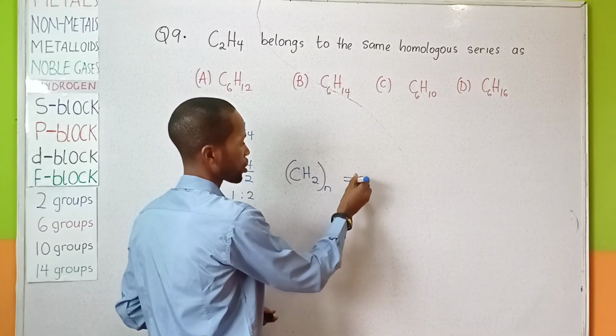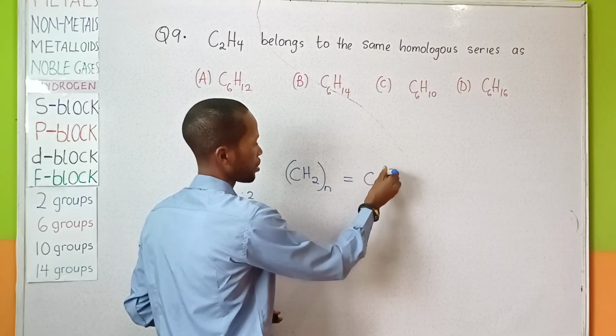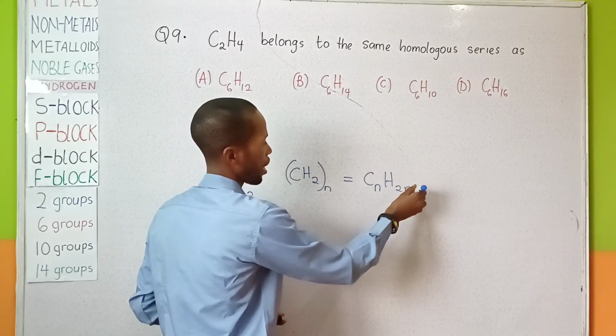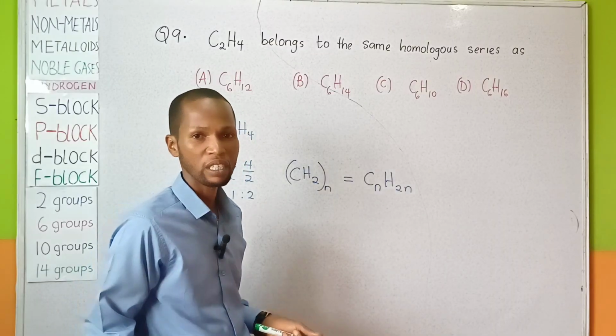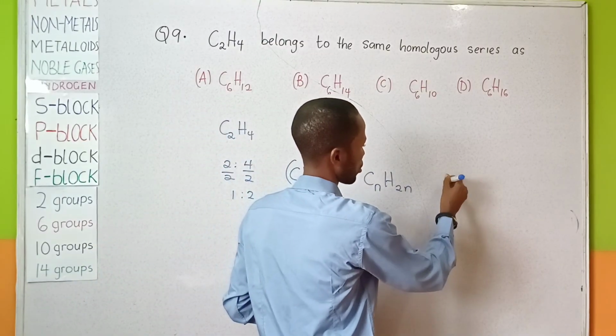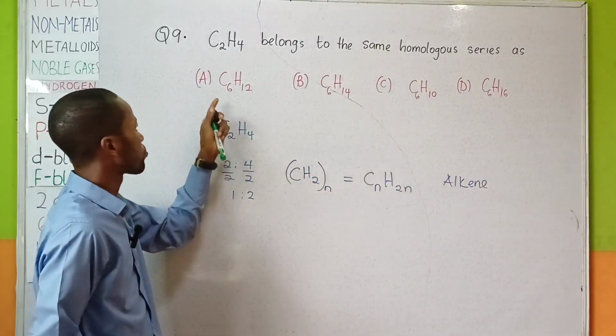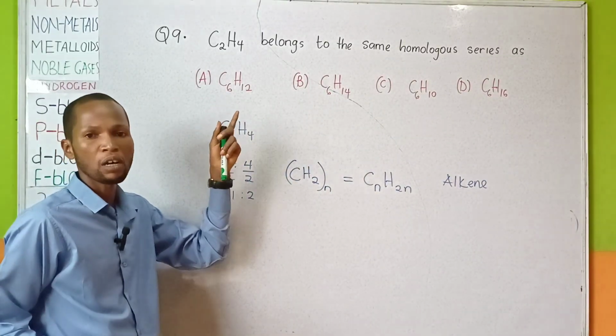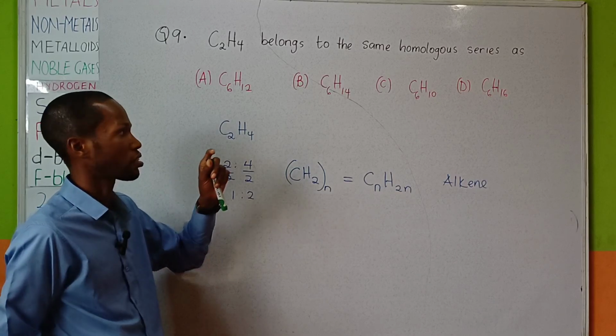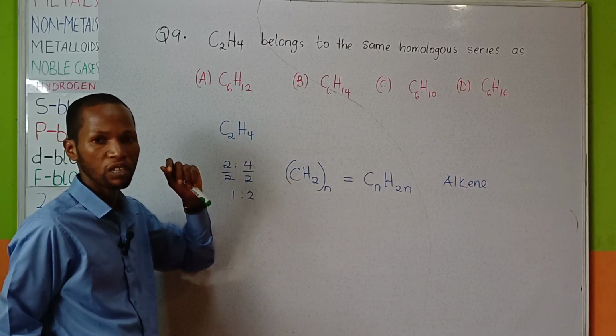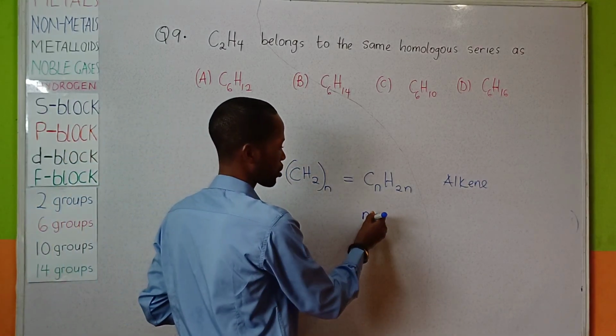We have the expression CnH2n, which is the general formula for the alkenes. We have the alkenes general formula right here. So from the options, we can see that the number of carbon is 6 in each of the compounds in the option. So N equals what?